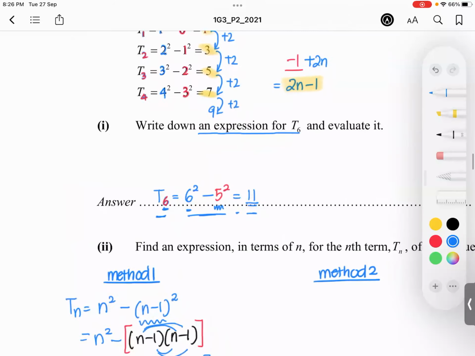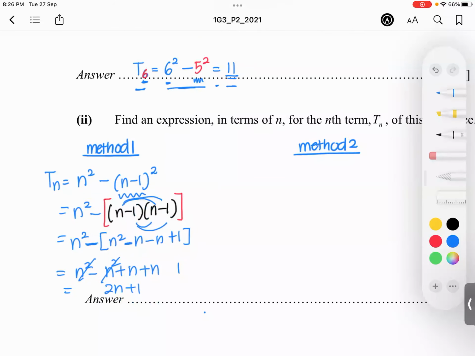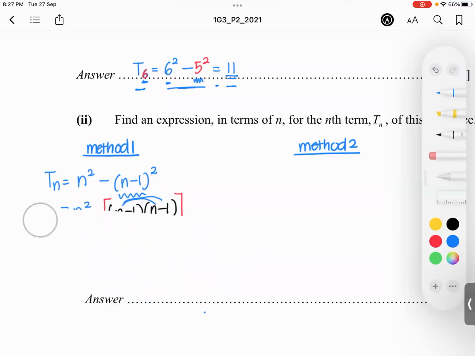Did I count wrongly? Oh, sorry, negative and negative is positive. See lah, I also do wrong. Okay, minus 1. But this method down here, when you do the expansion, it's not going to be very easy because I may not know how to do the expansion over this portion correctly, and I have a high chance to make careless mistakes. So the best way is I should not do this method.